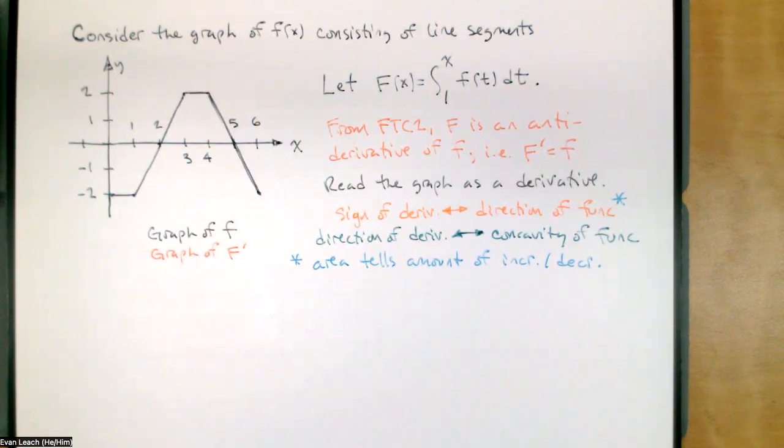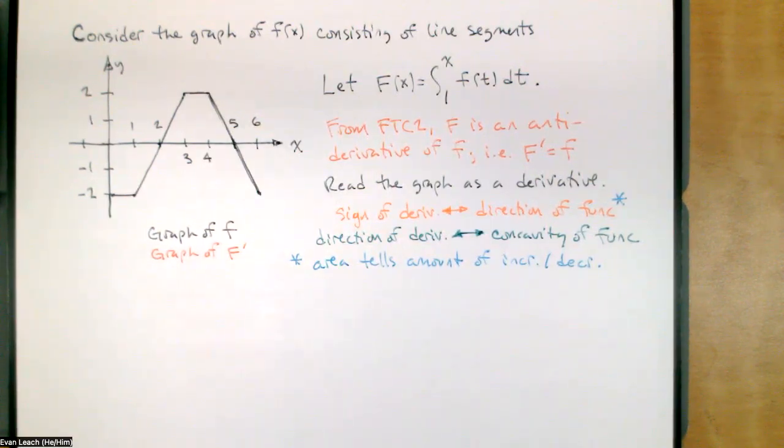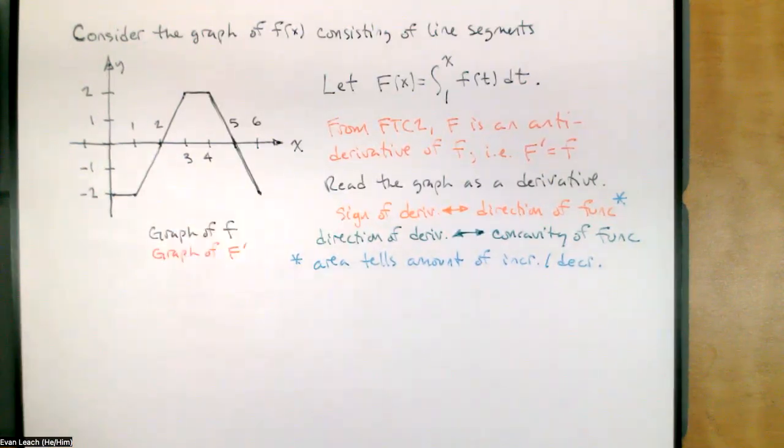Let's take these ideas and apply them to the graph that we're looking at, the graph of f prime, and see what it tells us about capital F. So notice that this graph of capital F prime, the graph of the derivative, is negative on the interval from 0 to 2 and also from 5 to 6.